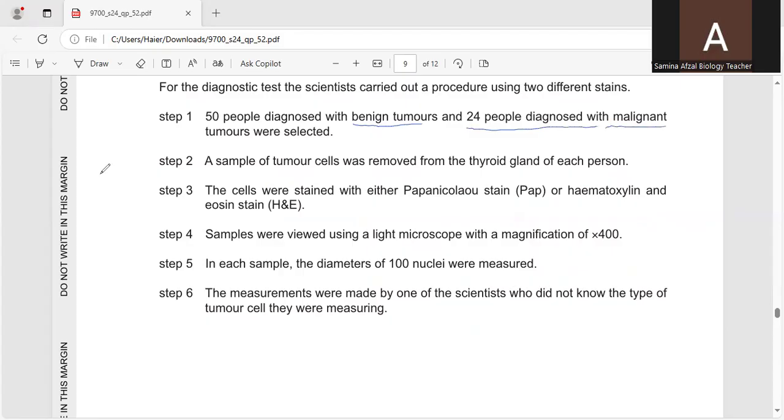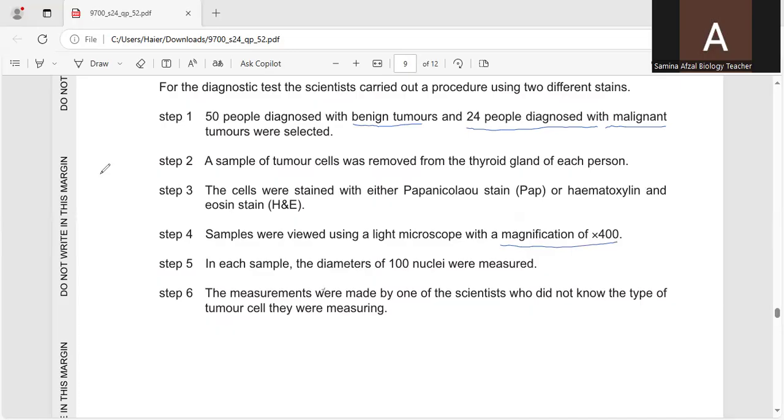A sample of tumor cells was removed from the thyroid gland of each person. The cells were stained with either Papanicolaou stain, the PAP test, or hematoxylin and eosin stain, H and E. Samples were viewed using a light microscope with a magnification of 400 in each sample.